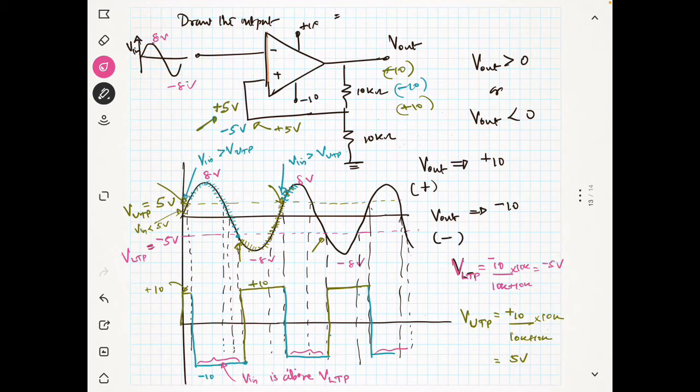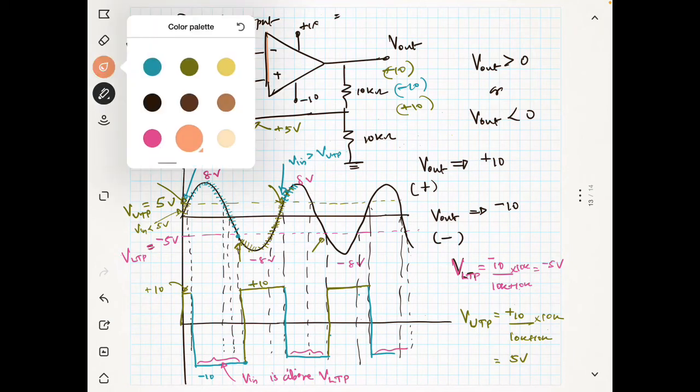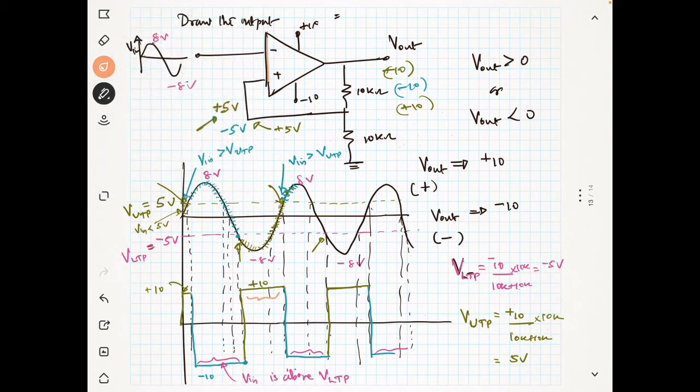Now if you take these points, your input is below VUTP.